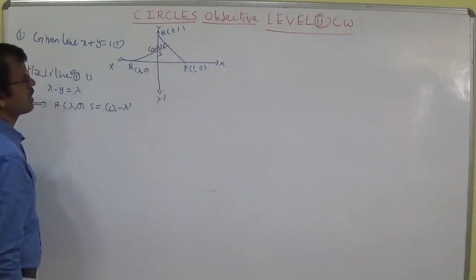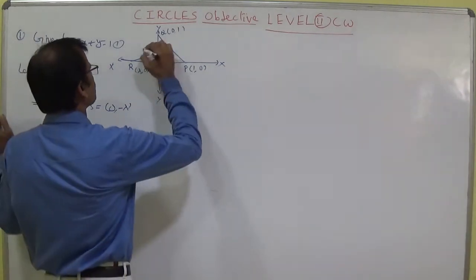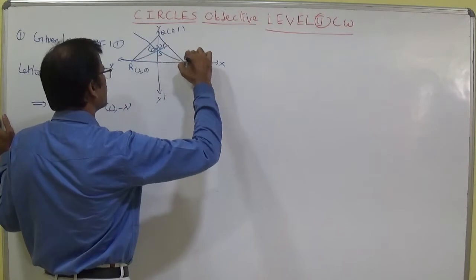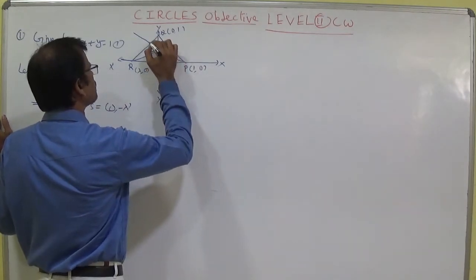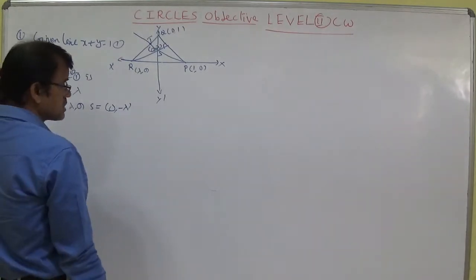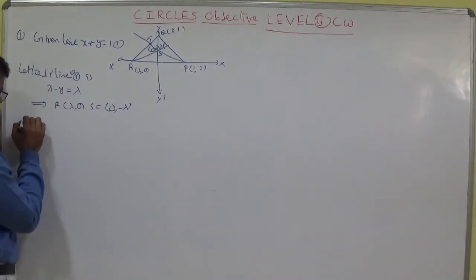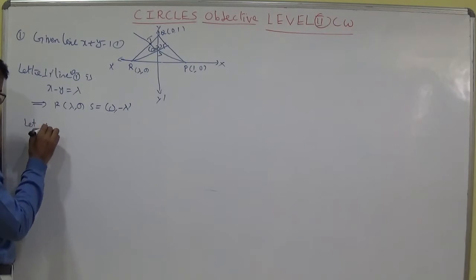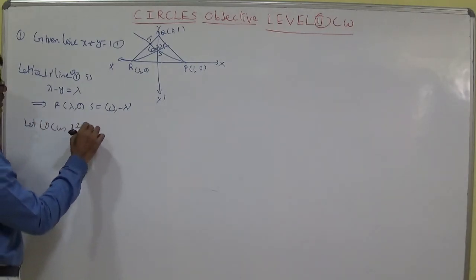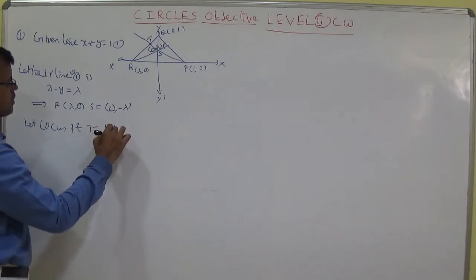He is asking the point of intersection of QR and PS. The locus of this is the point of intersection of QR and PS. What is the locus he is asking? Let locus point T is equal to h comma k. Locus point T is equal to h comma k.